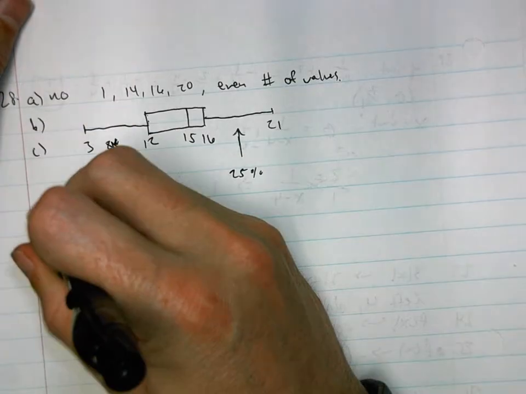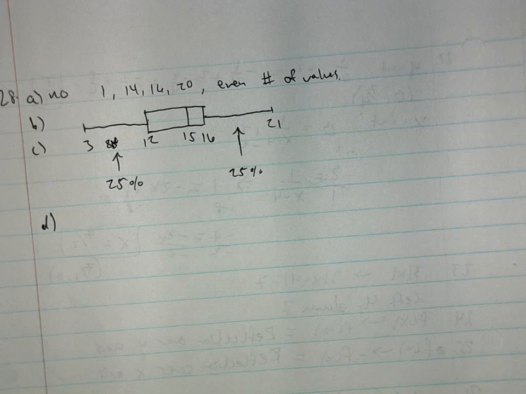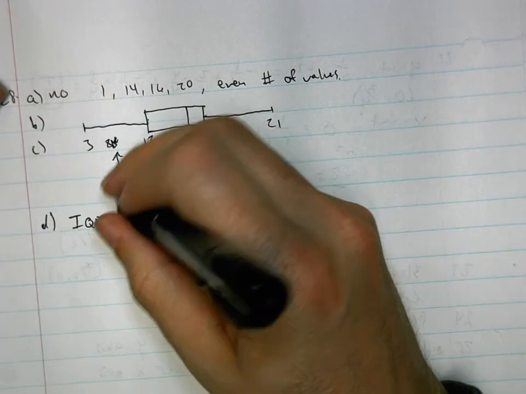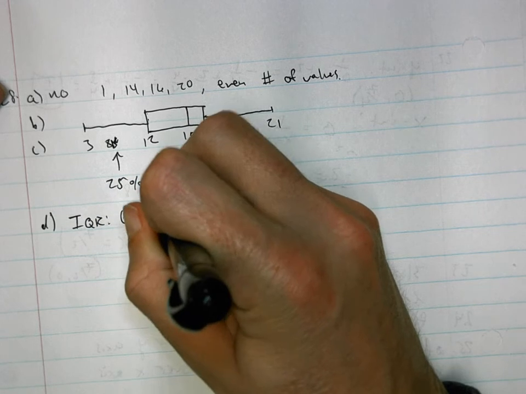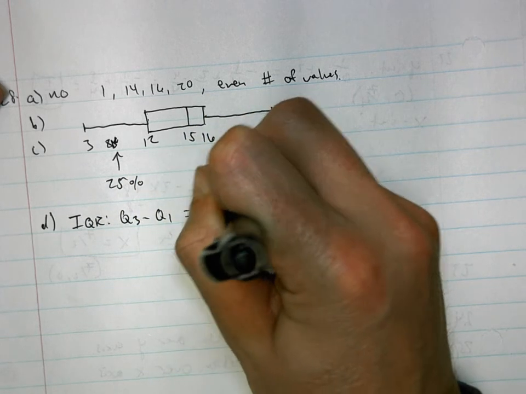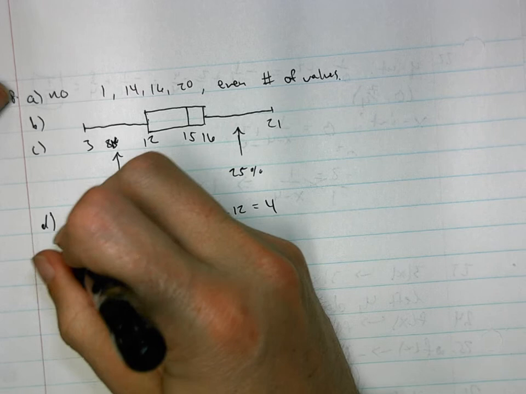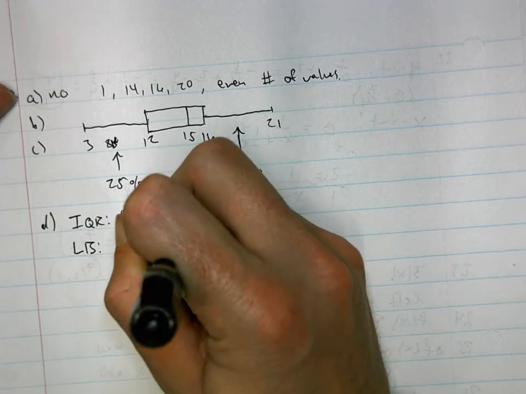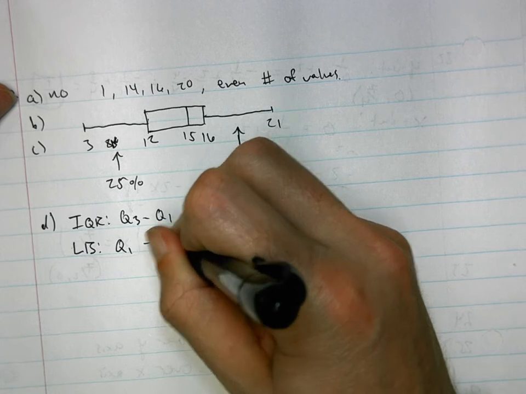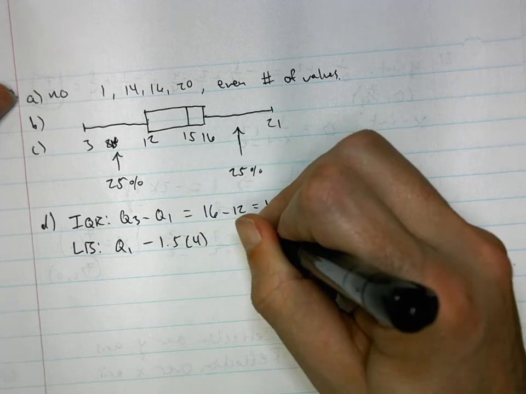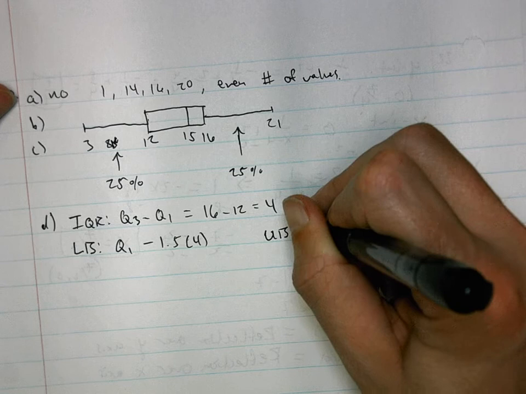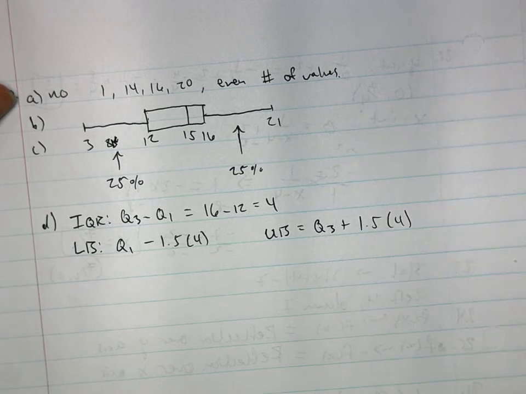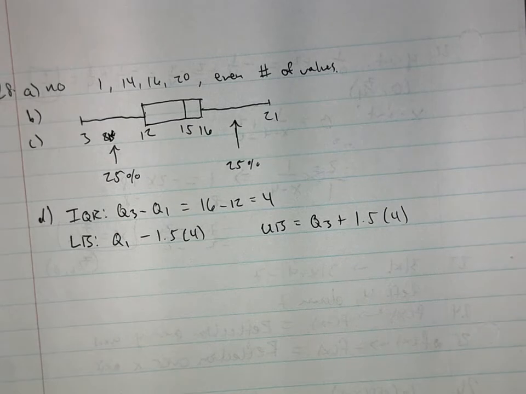For D, are there any outliers? First, let's find the IQR. The IQR is Q3 minus Q1, which is 16 minus 12, or 4. The lower bound is Q1 minus 1.5 times the IQR, and the upper bound is Q3 plus 1.5 times the IQR.